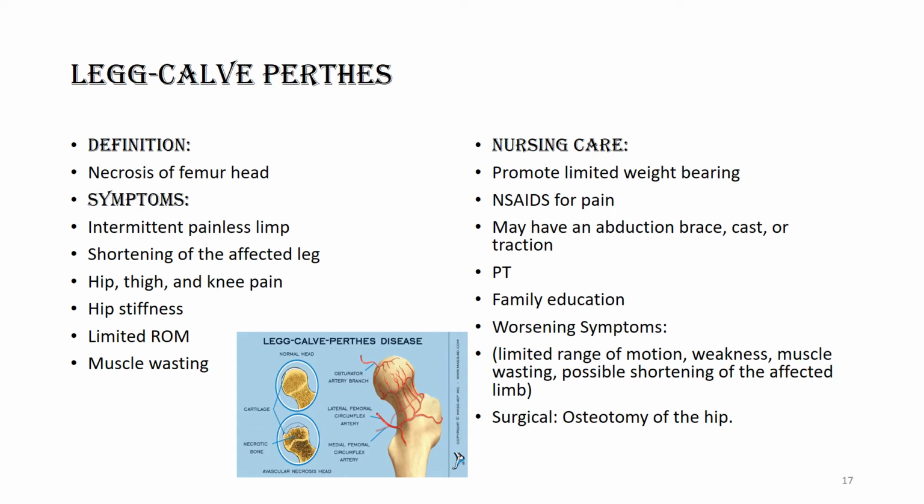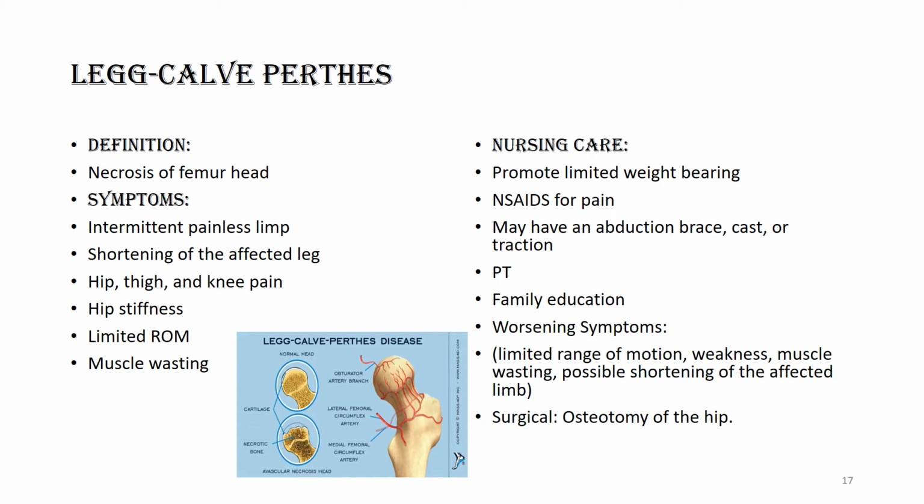So we really don't want them walking and limping. They'll either be given crutches or be put on bed rest while it heals. They'll get NSAIDs for pain, and many times they are given a brace or a cast traction for it. Physical therapy will visit them and give them exercises.